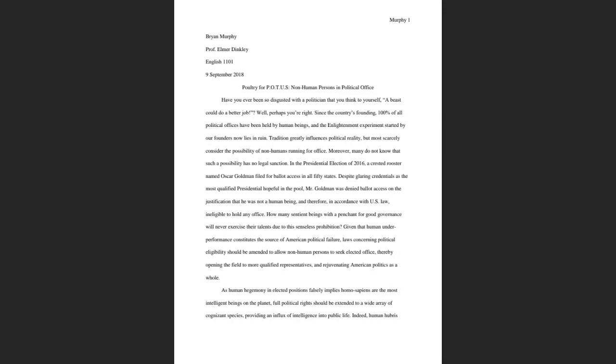How many sentient beings with a penchant for good governance will never exercise their talents due to this senseless prohibition? Given that human underperformance constitutes the source of American political failure, laws concerning political eligibility should be amended to allow non-human persons to seek elected office, thereby opening the field to more qualified representatives and rejuvenating American politics as a whole. Now, that last bit was my thesis statement.